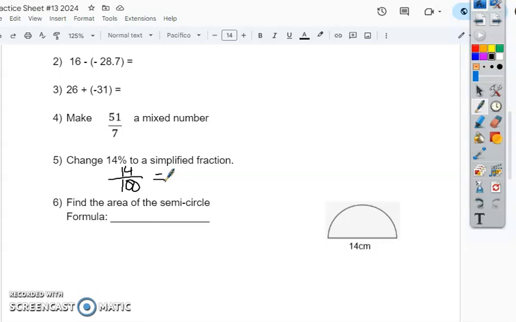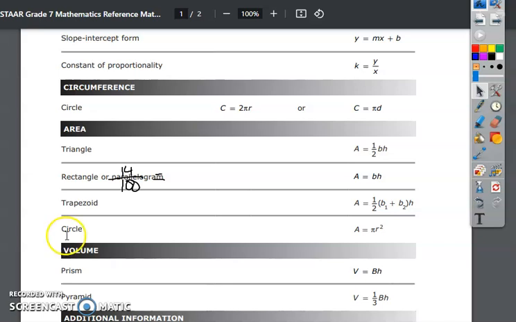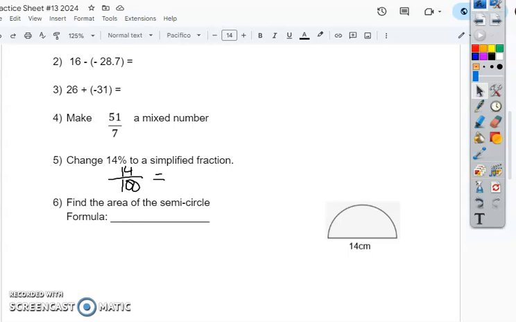Number 6, let's find the area of the semicircle. Okay? So again, I'm going to go back to my formula chart. A equals pi r squared. You are going to do this one. Just like we were doing on number 1, but I will tell you, this is diameter, right?